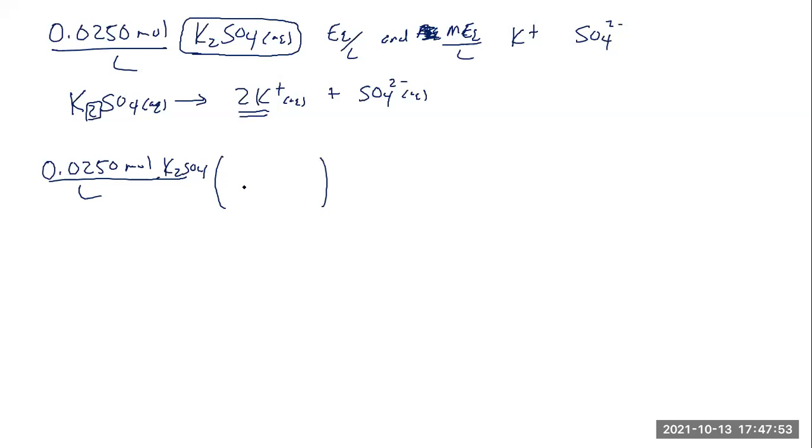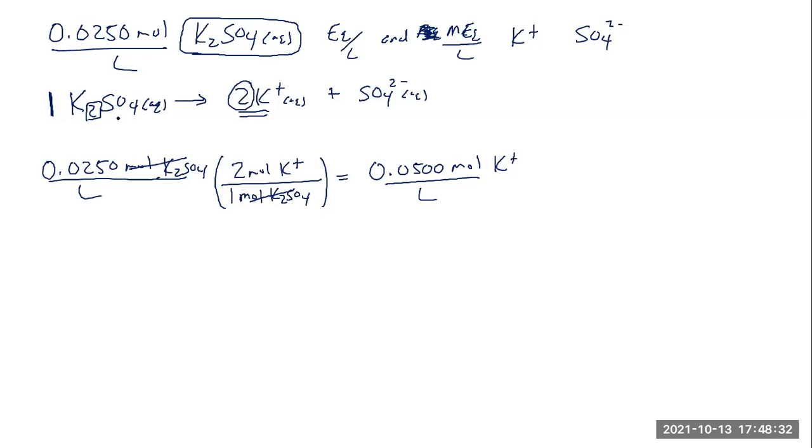Looking at that relationship, for every 1 mole of the whole thing, we get 2 moles of just potassium. So 1 mole of the entire thing gives us 2 moles of potassium ions. The moles of the entire thing cancel, and that gives us 0.05 moles per liter of just the potassium ion.